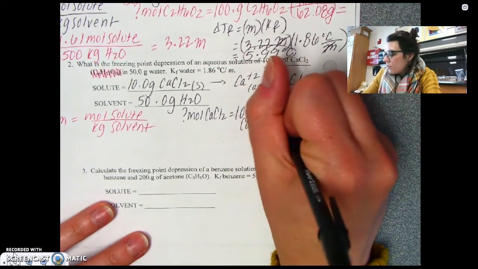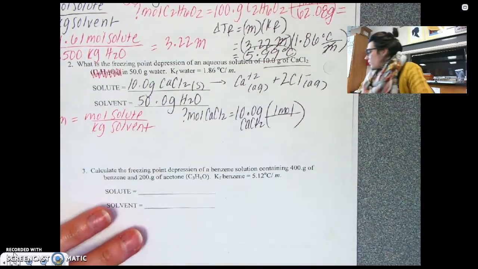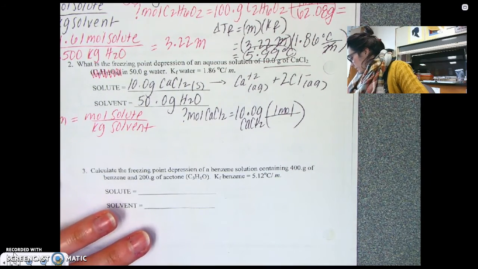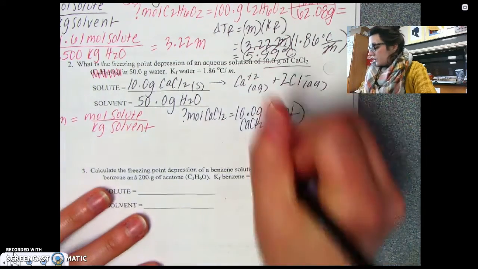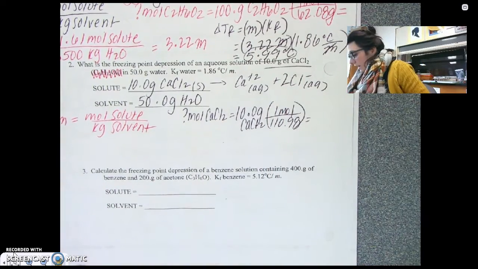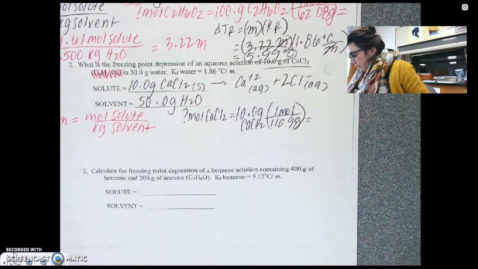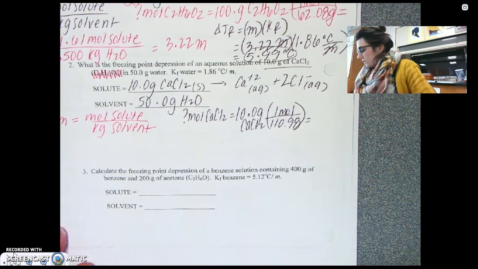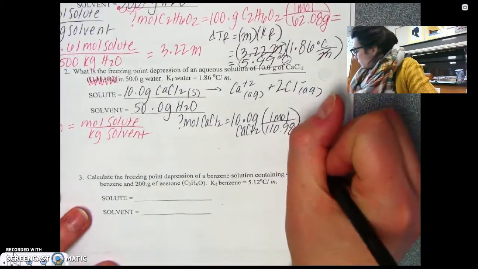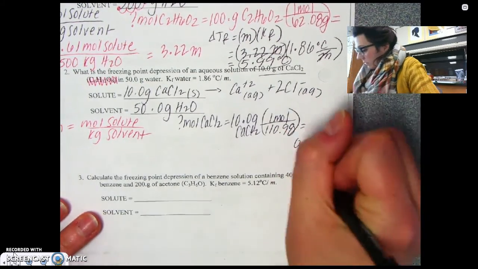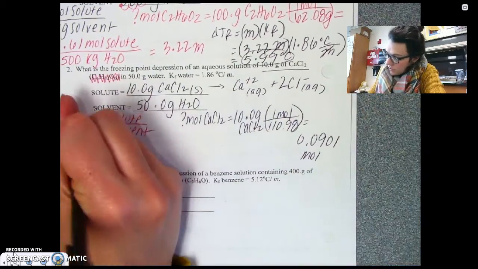For every 1 mole of calcium chloride, it will weigh 40.08 plus 35.45 times 2, so it's 110.98. So the amount of moles that I have, 10 divided by 110.98, is going to be equal to 0.0901 moles.